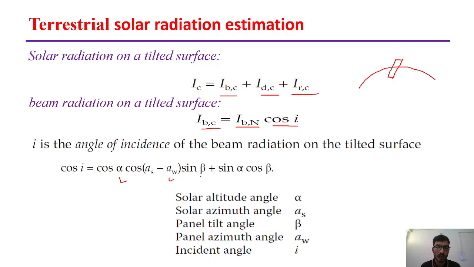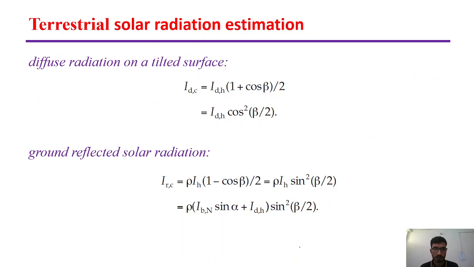Then sine beta, where beta is the tilt or slope, and alpha is the solar altitude angle. So to calculate the beam radiation on a tilted surface, we should know at least these angles: solar altitude angle, solar azimuth angle, surface azimuth angle or panel azimuth angle, the tilt angle, and the incident angle, which we have to calculate.